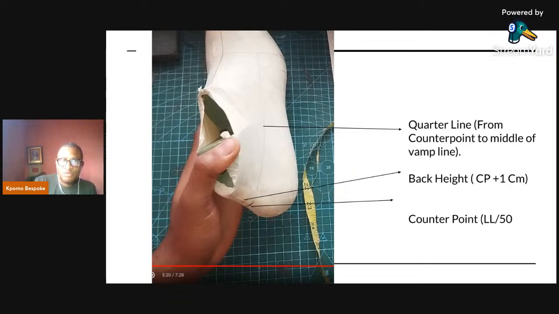And then if you add between 0.5 cm and 1 cm to that counterpoint, you get your back height. So those are the cardinal points on any last, whether they are for men or for women, whether they are for boots or for shoes, whether they are for sneakers or for sandals, whether they are high heels or flats.